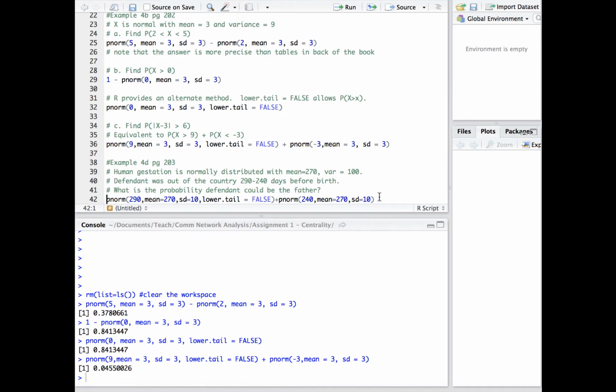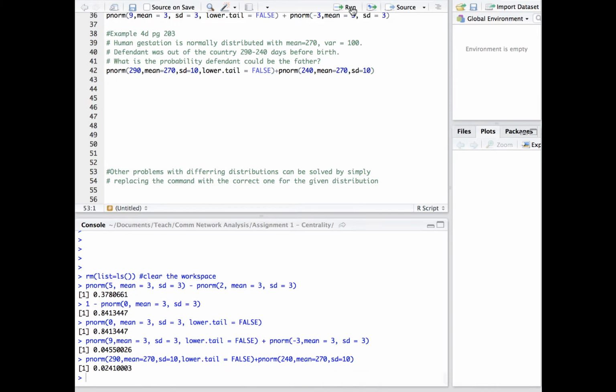That is outside of the range of 240 to 290, which is what we're looking at. When we run the probability, it's a little over 2%. So this is basically demonstrating how we would use R to calculate probabilities using the normal distribution.